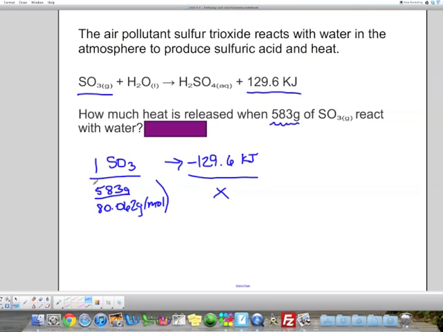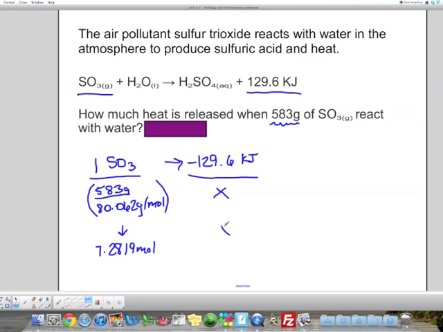So let's put this in parentheses. So this represents my number of moles of SO3 that I have, which is 7.2819 mole. Okay, so if I have this amount of moles, and I know that 1 mole of SO3 will release this amount of energy in this particular equation, they want to know how much energy will be released by this mass of SO3.